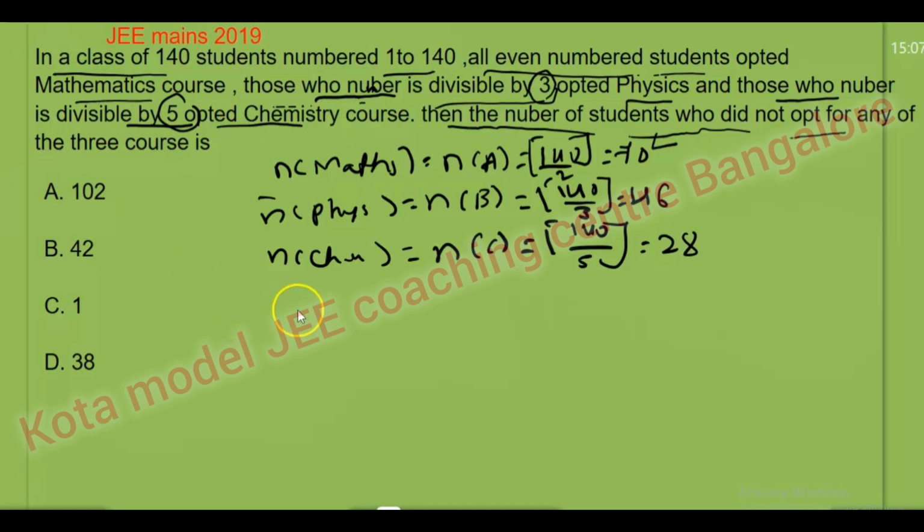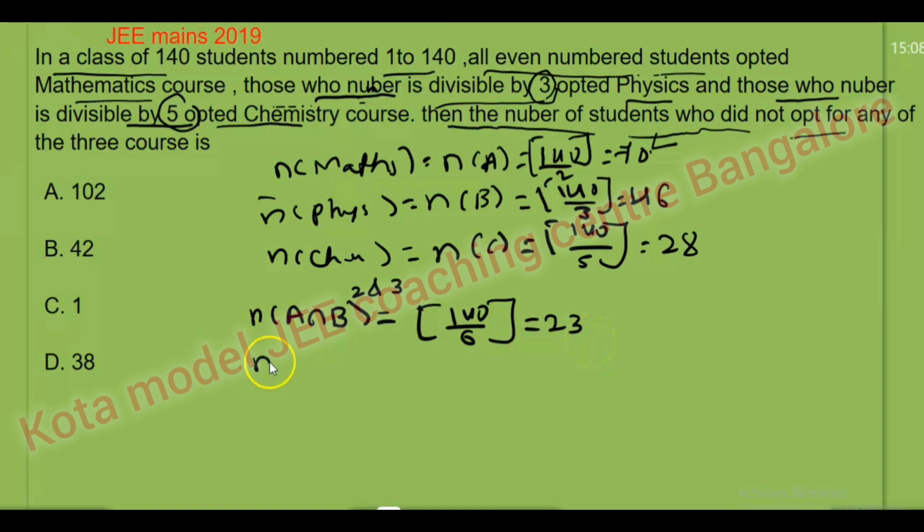First, we find n of A intersection B. That means the number is divisible by 2 and divisible by 3 also. That means 140 divided by 6. That means totally 23 students opted for both maths and physics.